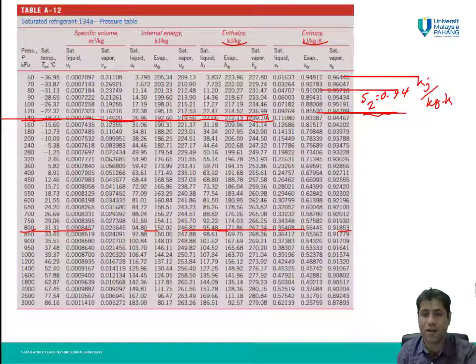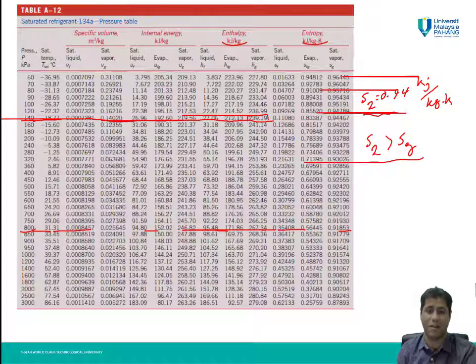As you can see here, the entropy for saturated vapor is 0.91, but the entropy which we have here is 0.94. In other words, the state of the refrigerant at this state is in the superheated region, because the entropy S2 is bigger than the entropy for the saturated vapor.